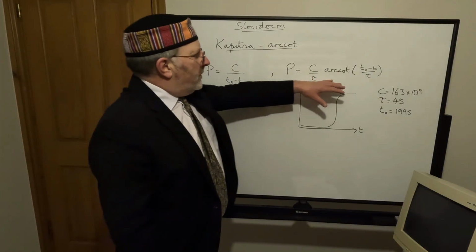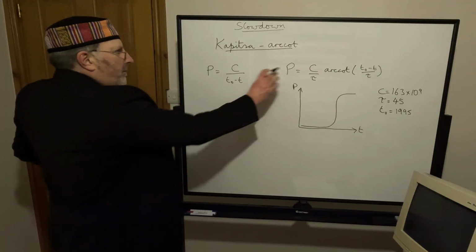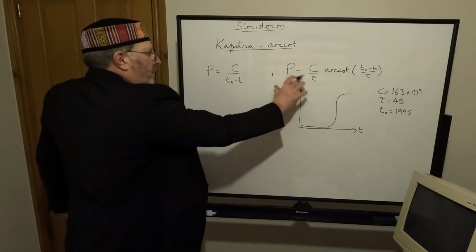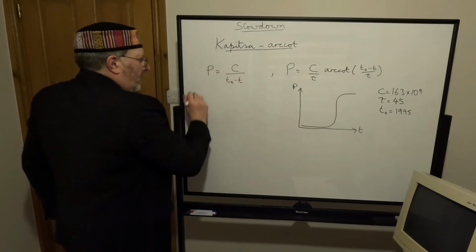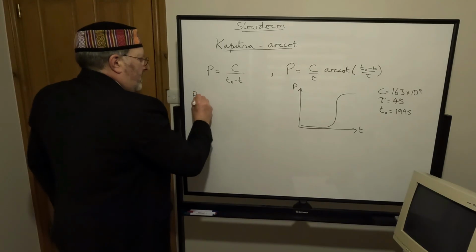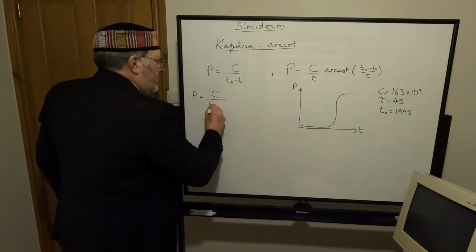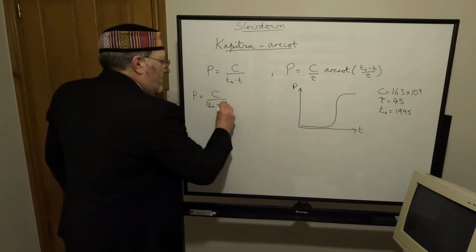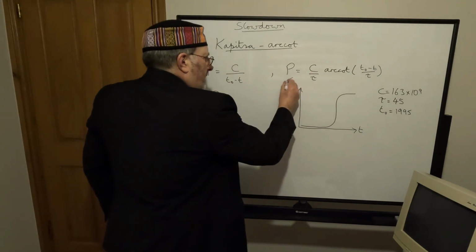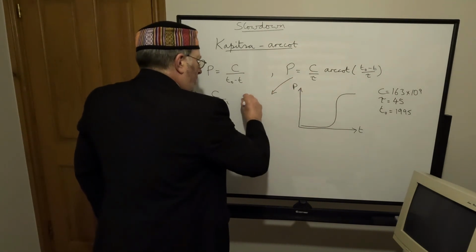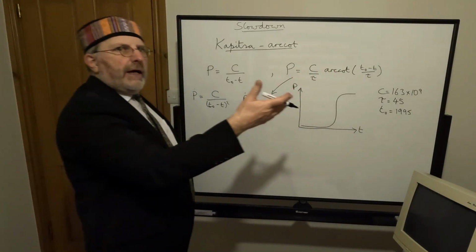Well, one thing we can do is differentiate this, so we can get a better feel for what's going on. Let's just differentiate first our original hyperbolic equation. We should remember that if we differentiate that, P dot becomes C over T0 minus T squared. And if we differentiate this equation, for this we need to know what the differential of arc cotangent is.